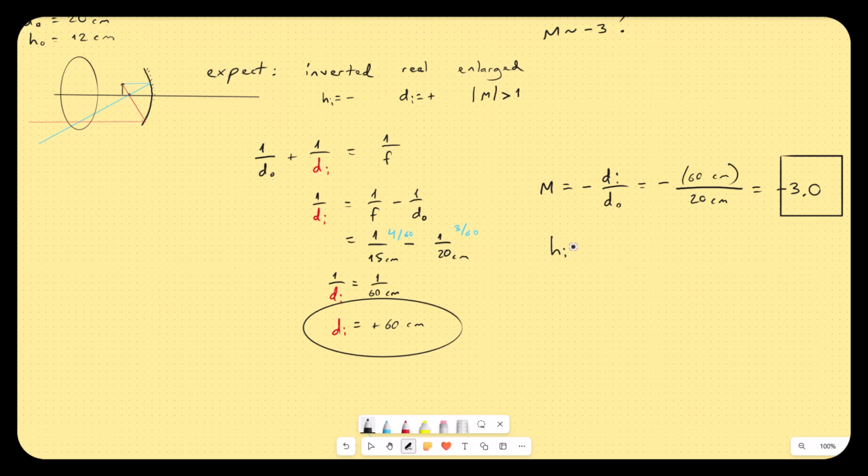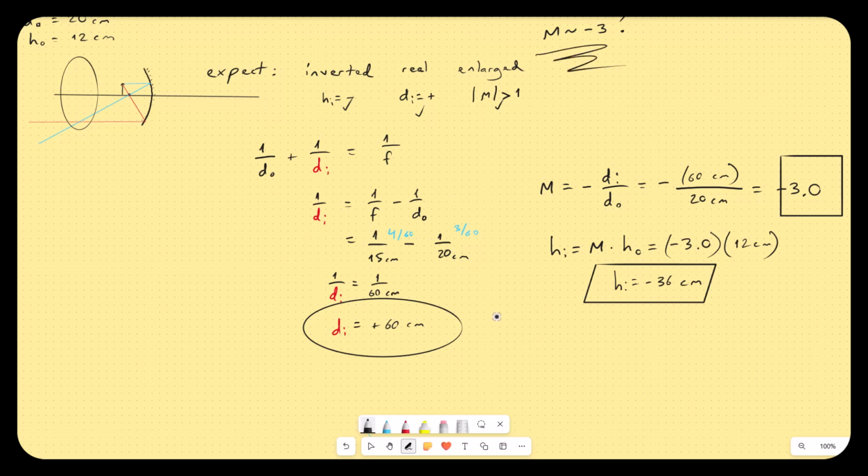My image height is going to be magnification times my object height, negative 3 times 12 centimeters. My image height is going to be negative 36 centimeters. I got a negative height, positive image distance, and a magnification. I guessed from a quick ray tracing a magnification of about negative 3, and I got it.